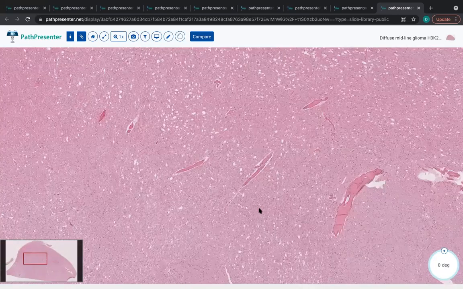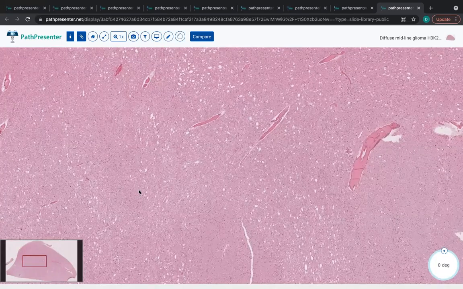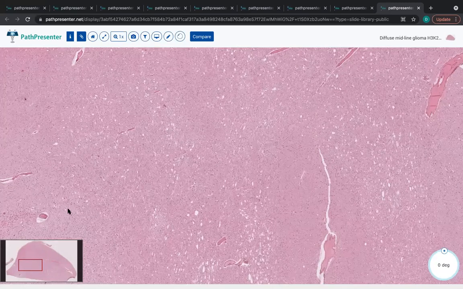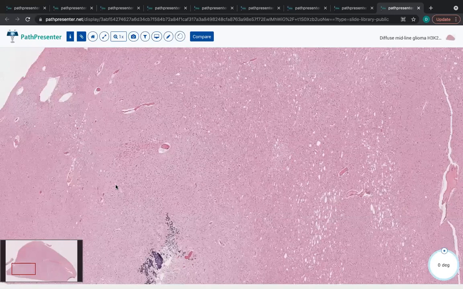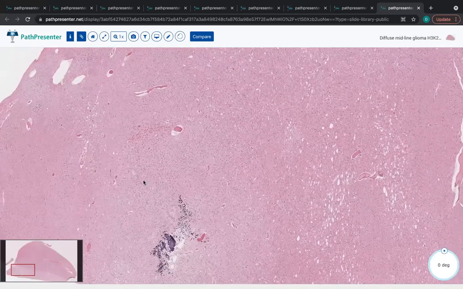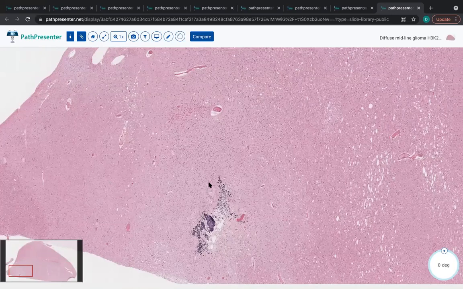And the key driver in these tumors is H3F3A or some of the other histone orthologs that are mutated at the lysine 27 position. So the H3 K27M mutated gliomas include this entity. This was formerly known as a diffuse intrinsic pontine glioma.